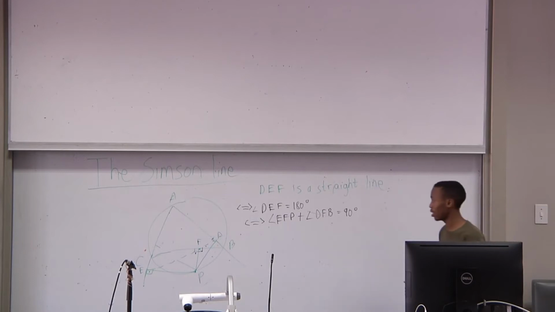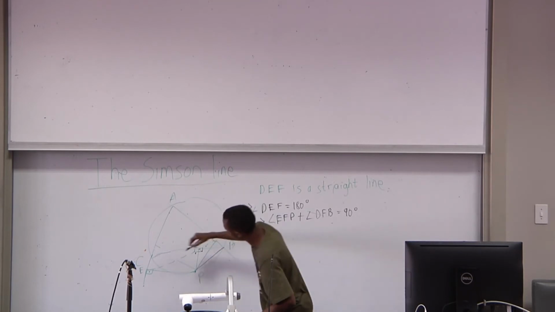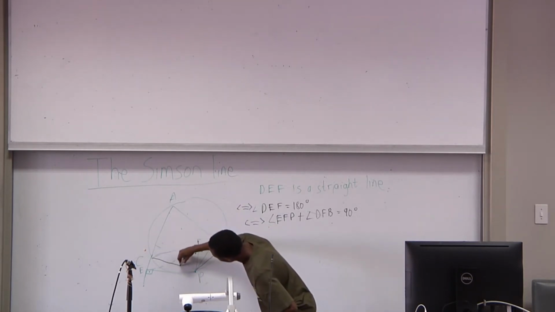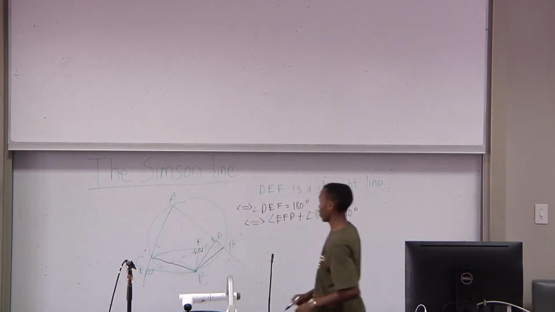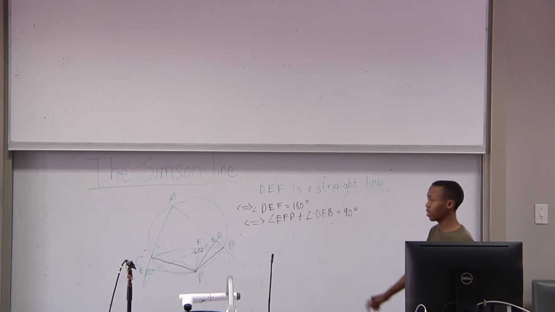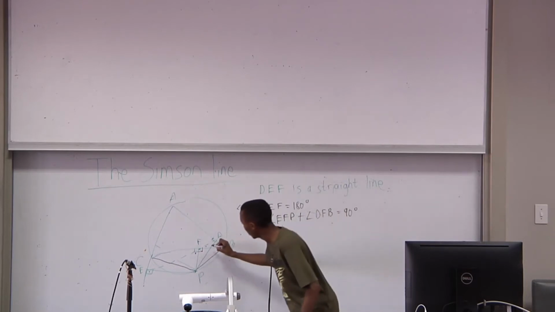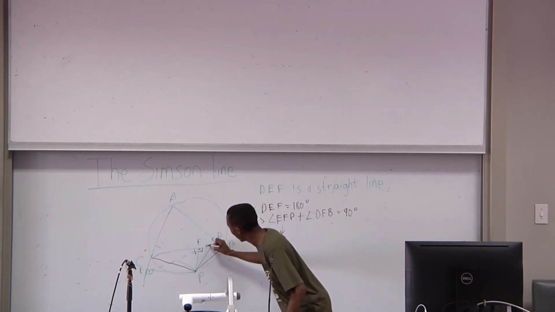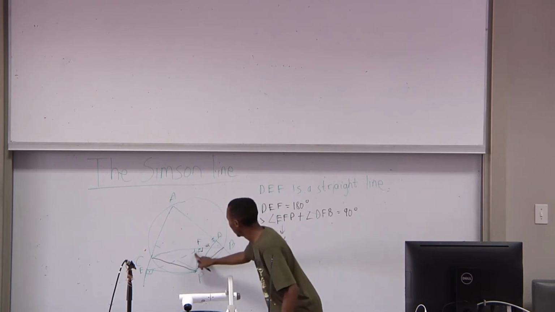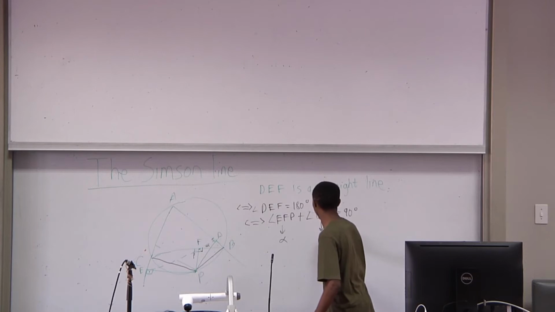Everyone see that? So what you'll do is you'll construct lines PB and PC. Because that's nice, because you have a lot of cyclic quadrilaterals to work with if you construct those lines. So now call angle EFP alpha, and call this beta.